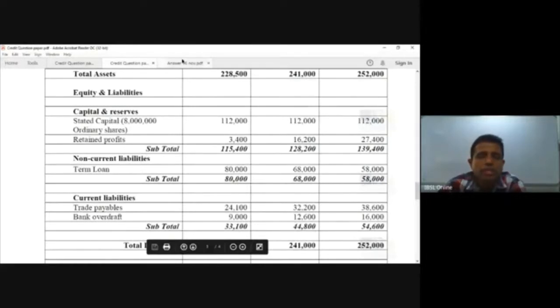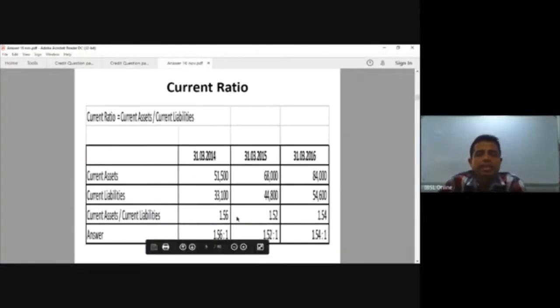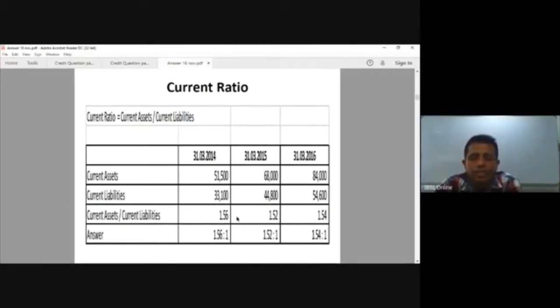Very easy to calculate, right? Then divide the current asset figure by the current liability figure. That is 51,500 divided by 33,100, right? Now, in this ratio, we say for every one current liability, what is your current asset position?